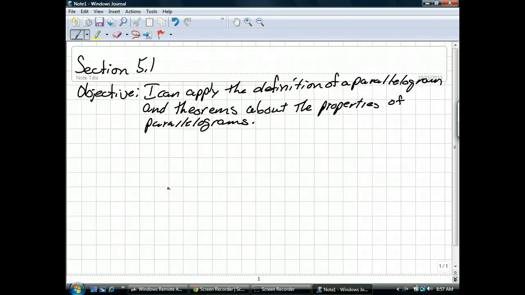Section 5.1, our objective today is I can apply the definition of a parallelogram and theorems about the properties of parallelograms. So let's start out with the definition.